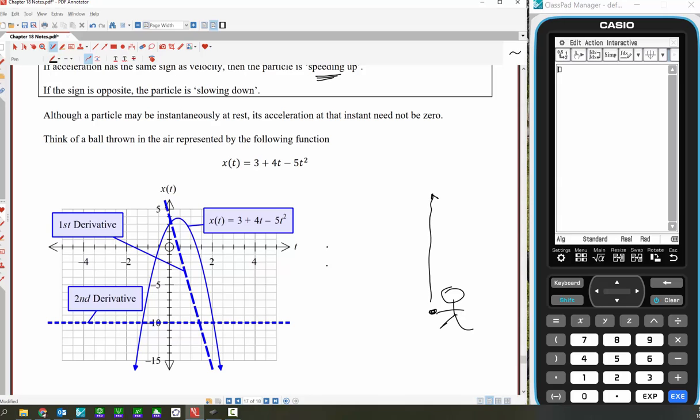The ball goes up into the air, and at this point here is where the ball decides that it's going to change direction and come back down again. At some point, depending on how hard I've thrown it up into the air, it will change direction, which we say has 0 velocity. So we've got 0 velocity at this point.